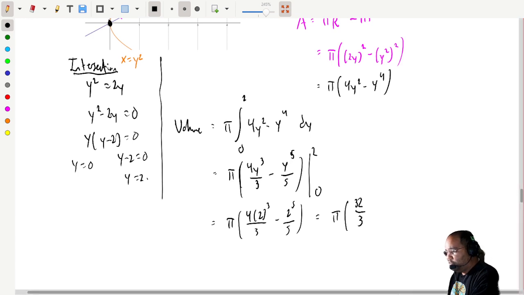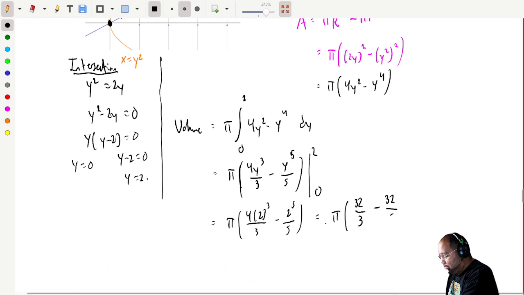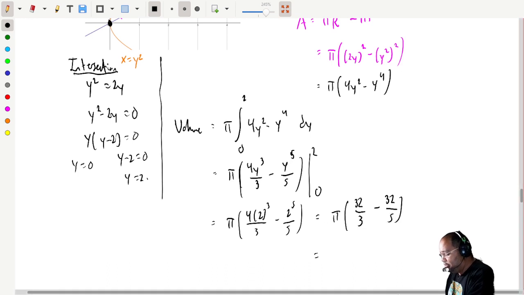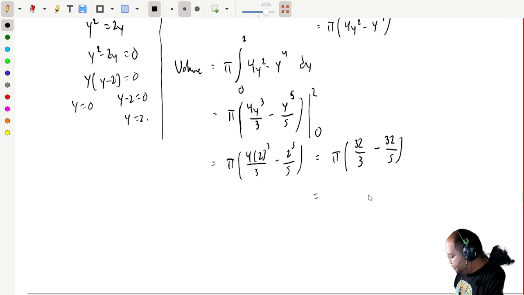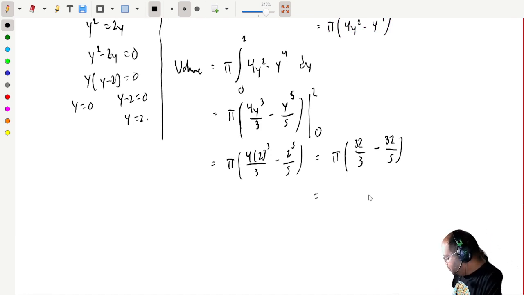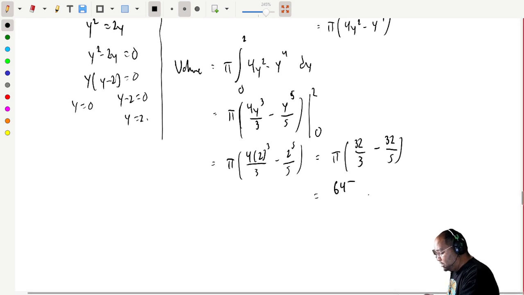And 2 to the 5th is 32. We'll get a number that's something over 15. We can compute that easily: 32 over 3 minus 32 over 5 comes out to be 64 over 15, so our volume is 64 pi over 15.